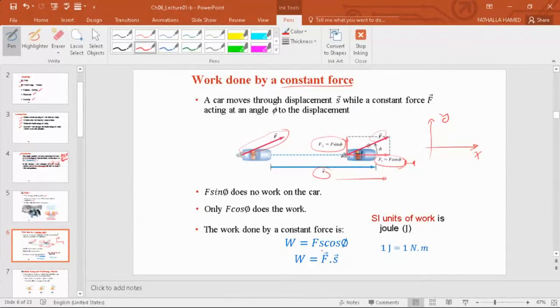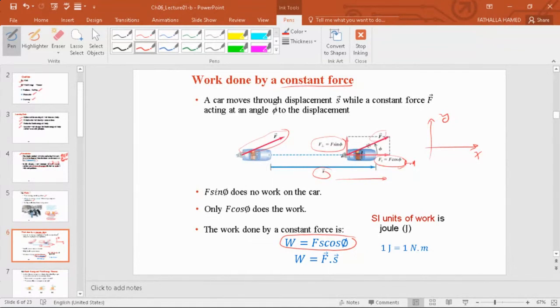And the magnitude of displacement will be S. So the work here will equal F S cosine phi, where phi is the angle between the force and the displacement.